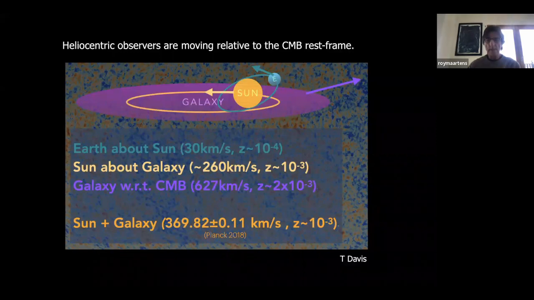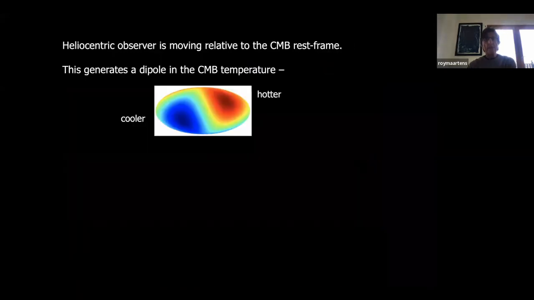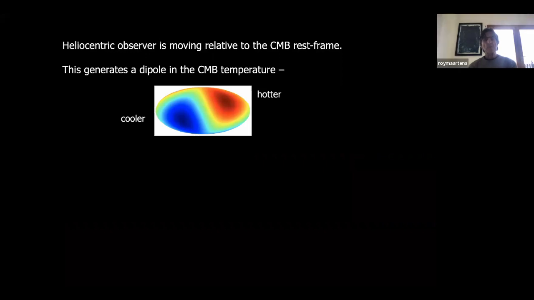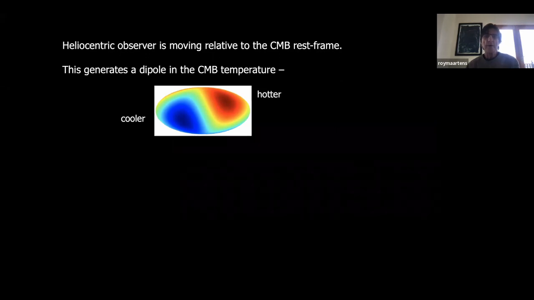Since we are not at rest relative to the CMB frame, we're heliocentric observers, we do observe a dipole in the CMB. In the forward direction of this dipole, which is given by our relative velocity vector relative to the CMB frame, we see that the CMB is slightly hotter, and in the reverse direction, it's slightly cooler.